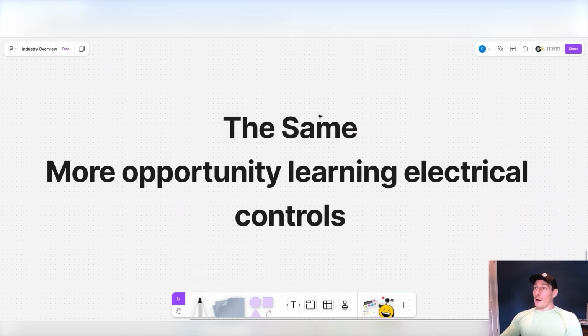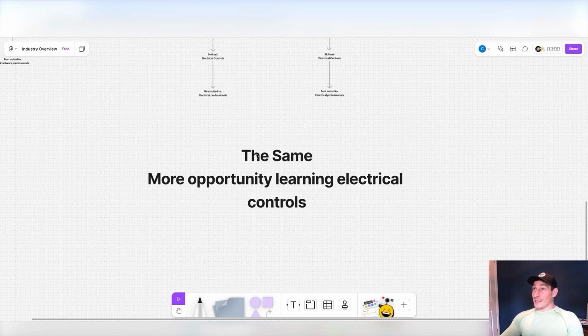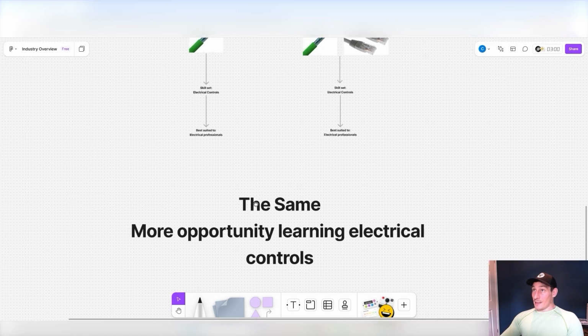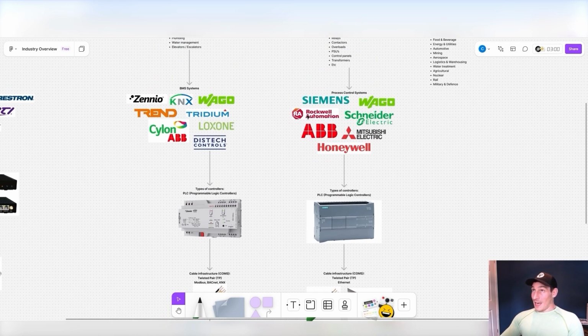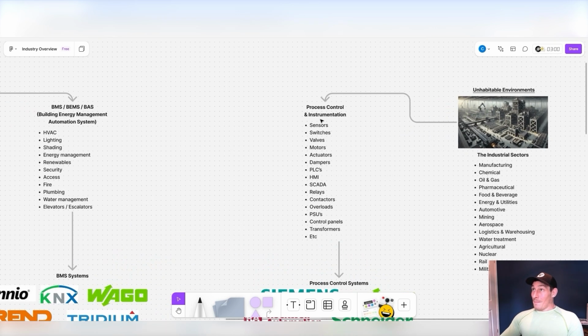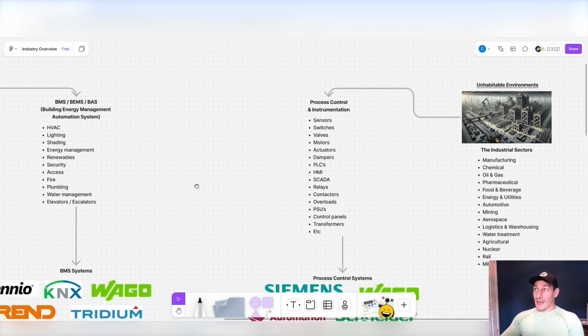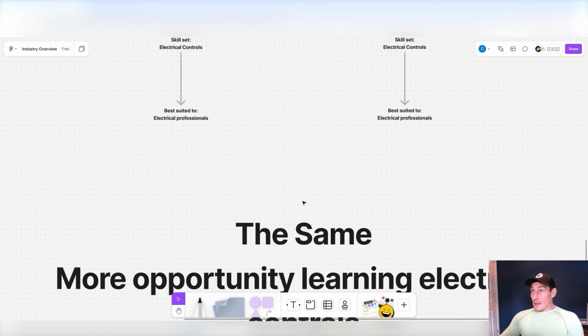So my argument is ultimately these are the same industries. Same skill set, same controllers, same manufacturers, same things out in the field or things controlling the things over here. It's all the same thing.